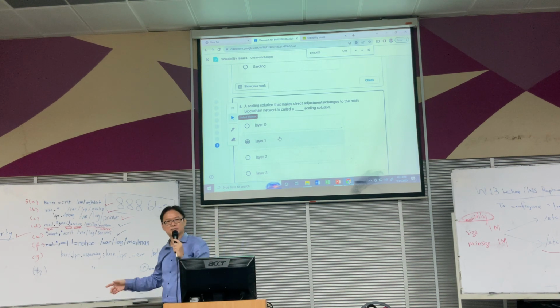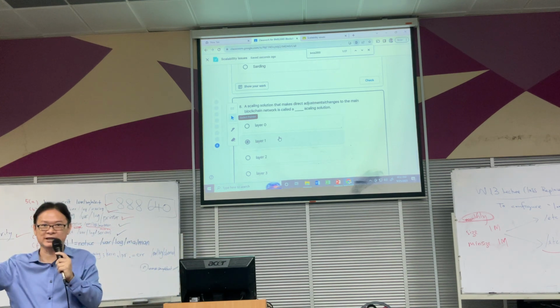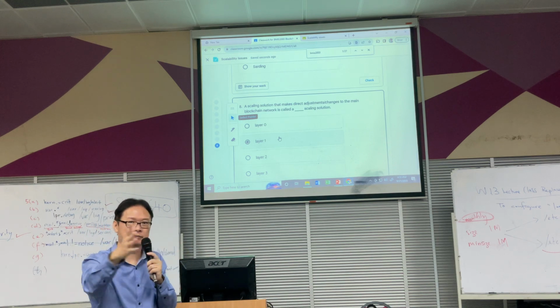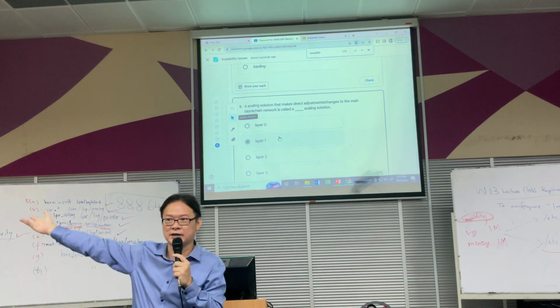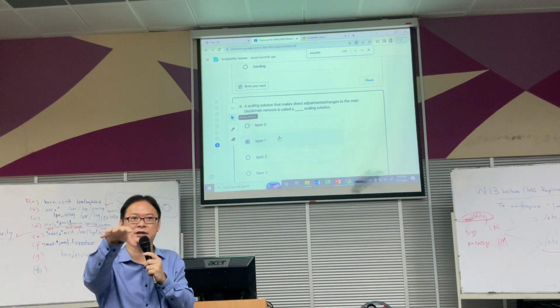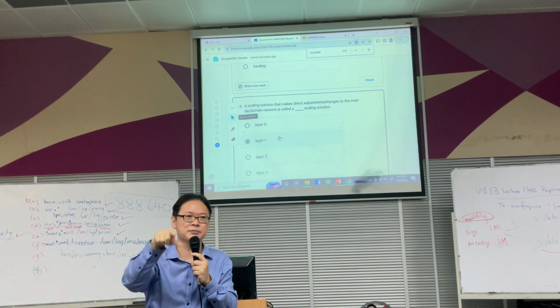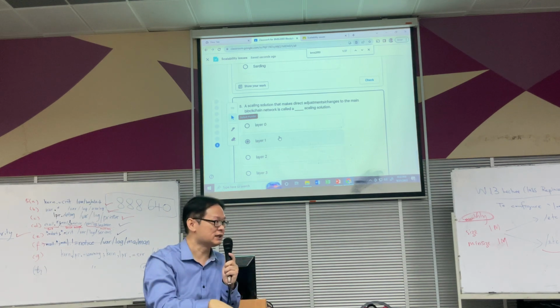With sharding, we make changes directly to the mainnet. We partition it, got many partitions. I'm not creating another network. So I have to make some changes directly to the layer 1 network, the main network itself. So it must be called a layer 1 scaling solution.